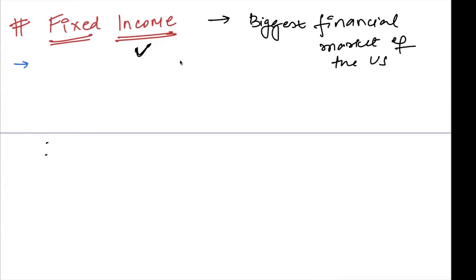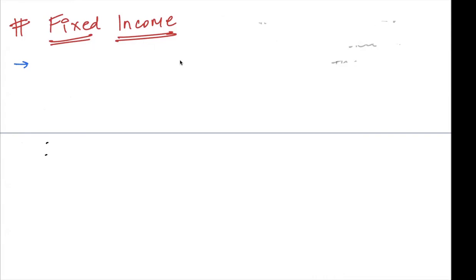If you are in India, you might be thinking, why should I learn fixed income? The reason is, all the big companies like JP Morgan, Morgan Stanley, Citibank, all the big firms that you see, invest the highest share of their portfolios in fixed income. That's why it's important to learn fixed income securities.